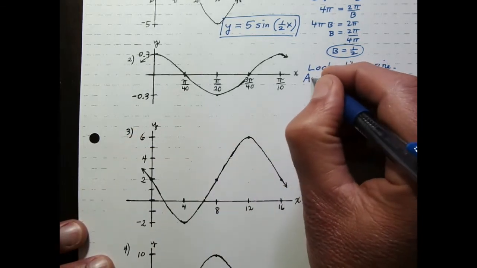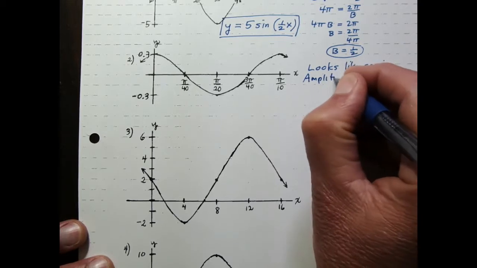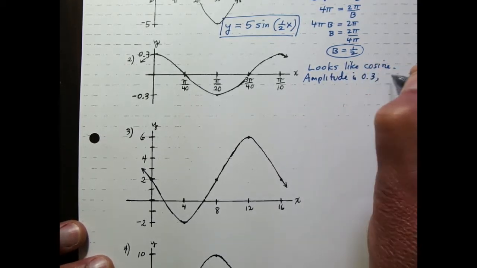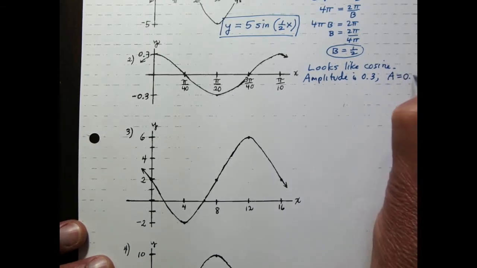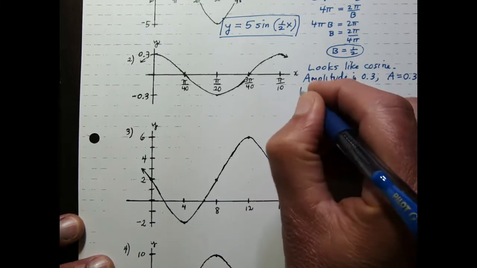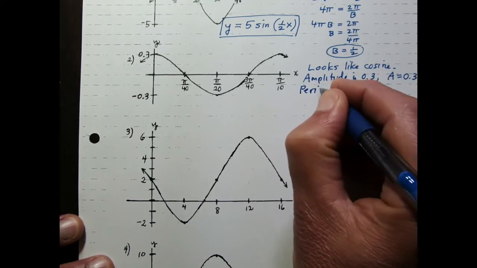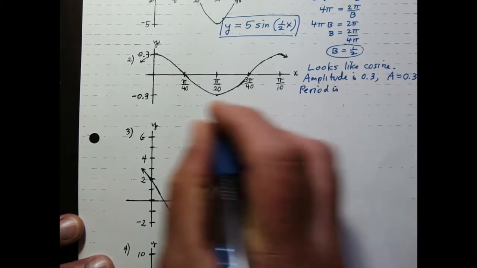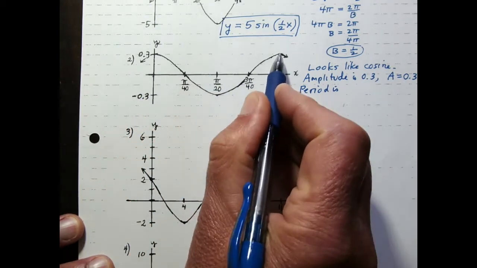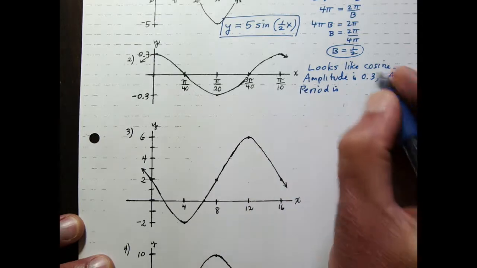Let's see, amplitude is 0.3, I think, here, so my a value is 0.3. And period, looking, so we start here, we go all the way to where we're at a high point again with cosine, that's pi over 10.